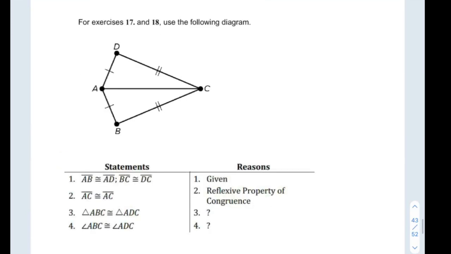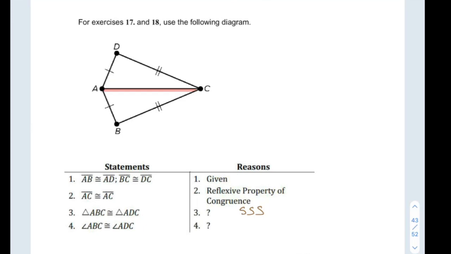For exercise 17 and 18, use the following diagram. We will fill in the blank. Now, what is necessary here to know why the triangles are congruent? He mentioned the reasons and the statements before. He mentioned all the sides, and this is the common side, so definitely this will be side, side, side. After proving that the triangles are congruent, so we are using SSS here, any other angle will be congruent to the corresponding angle in the other triangle.